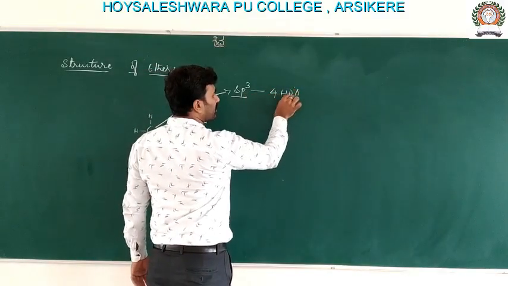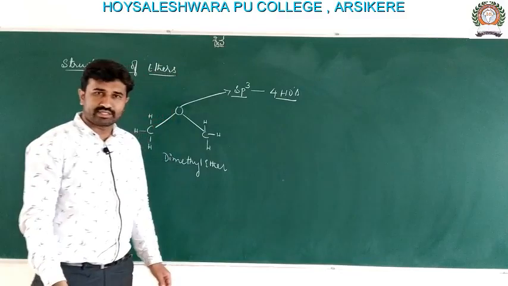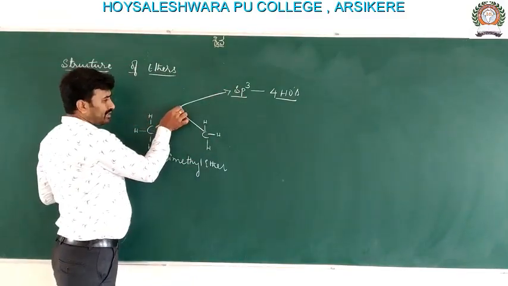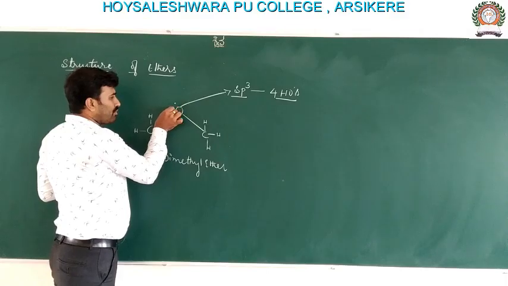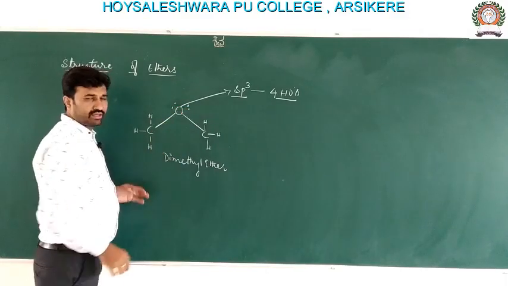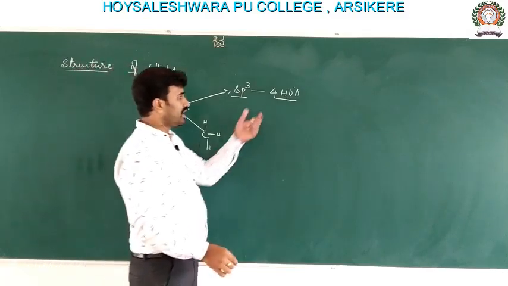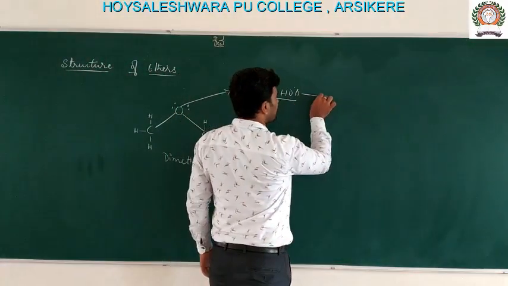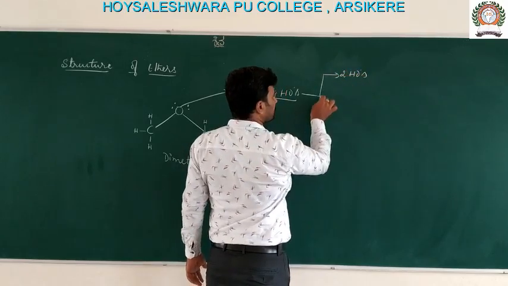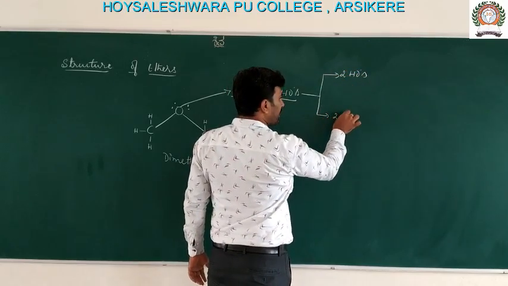There are 4 hybrid orbitals. Among these 4 hybrid orbitals, in ethers, how many lone pairs does the oxygen atom have? 2 lone pairs.